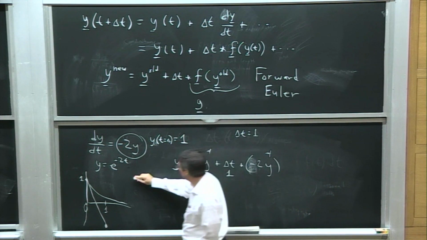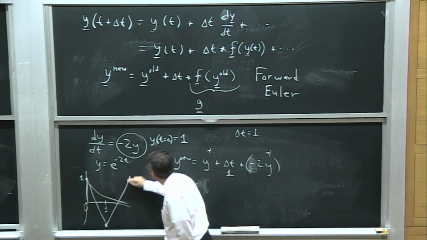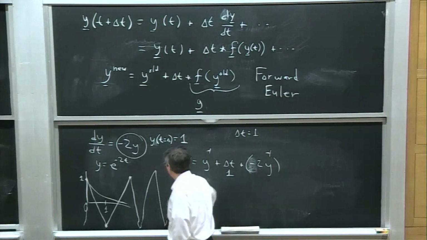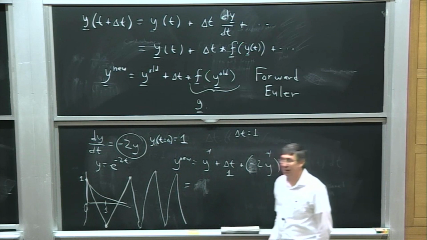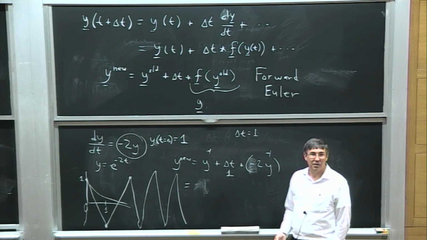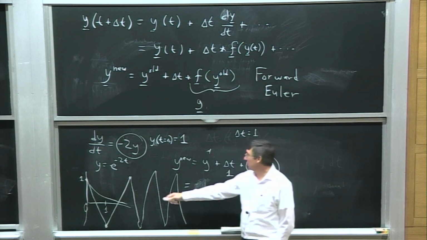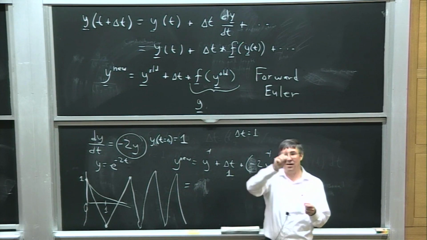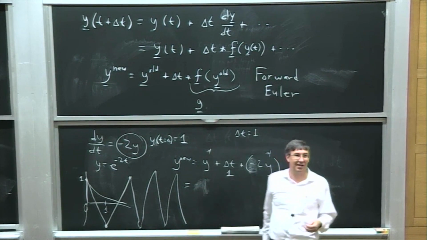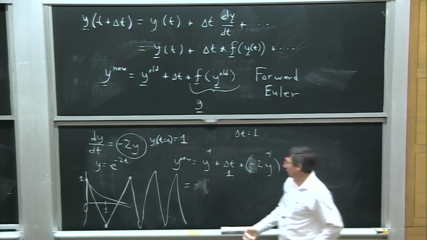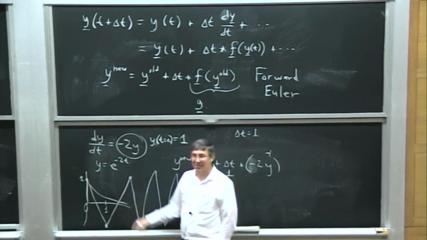So this goes back to the starting point. We'll get the sawtooth is what you get. And it turns out actually if you make delta t any larger than 1, then this sawtooth amplifies. So you have an oscillating solution that explodes, which is a little bit different than the physical solution, which gently relaxes.